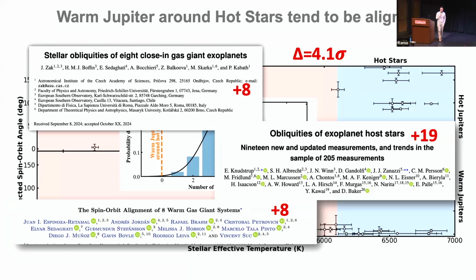I did a simple calculation: we need an additional 5 aligned single-star warm Jupiters around hot stars to achieve 5 sigma. So we can probably achieve this goal this year, even this semester, but it depends on the weather, even the weather on Cape Peak.